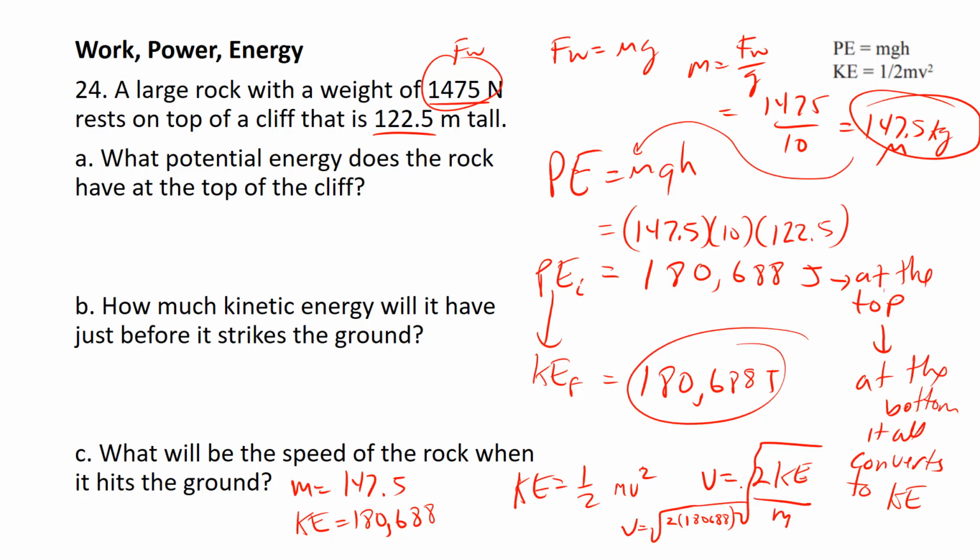Let me erase that and put it somewhere else. So V equals the square root of 2KE over m, where m is 147.5.